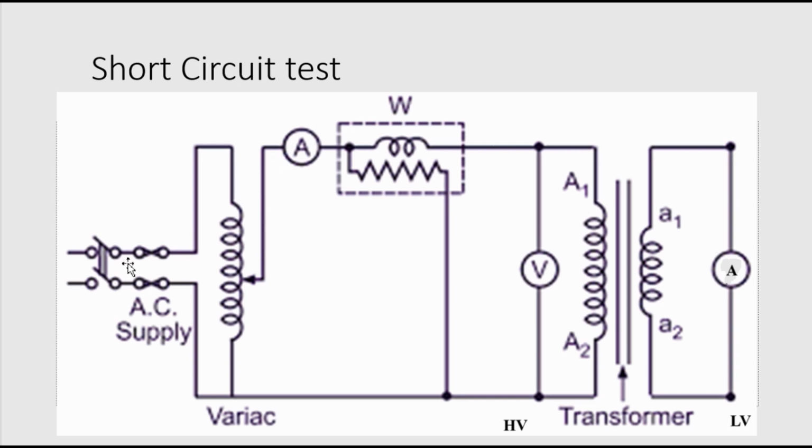Suppose we are performing this test: based on the MVA or kVA rating of the transformer divided by the voltage value, we'll get the rated value of current.